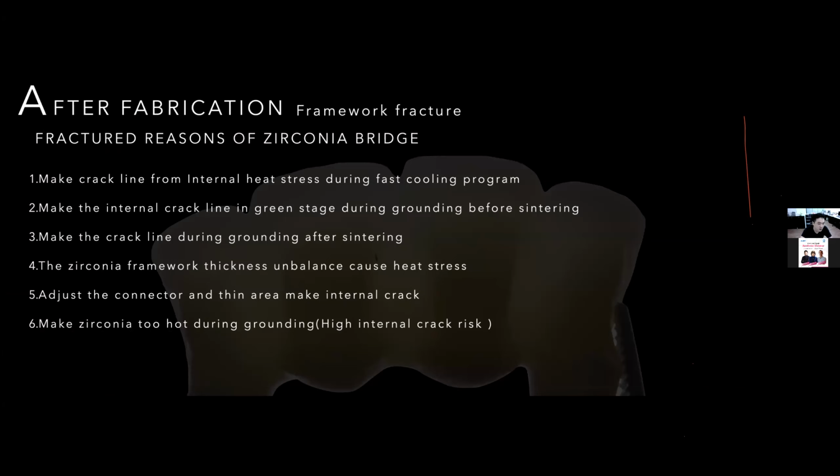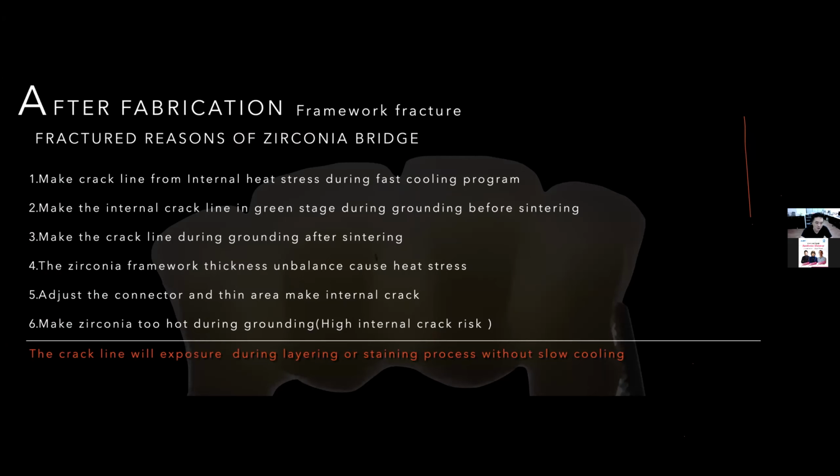Maybe we can make internal crack lines in our zirconia framework. But we just think, these many different procedures and many steps will make our zirconia have the crack line. But the more important is the crack line will be exposed during our layering or staining procedure without the slow cooling.